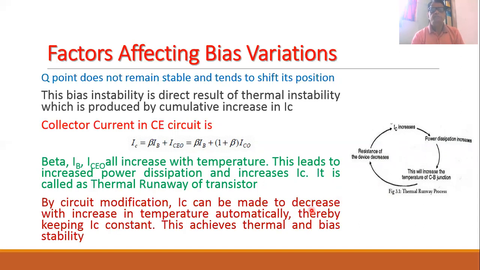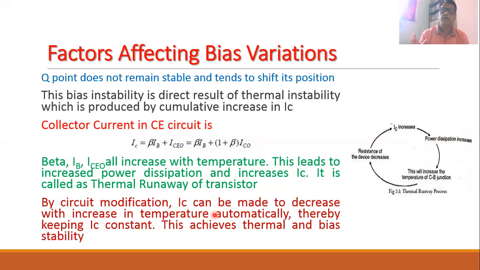It is practically possible to design a biasing circuit in such a way that when the temperature of the transistor increases, we can make the circuit arrangement such that IC will not increase. That is, IC will get decreased with the increase in the temperature. Then the further rise of IC will be compensated.